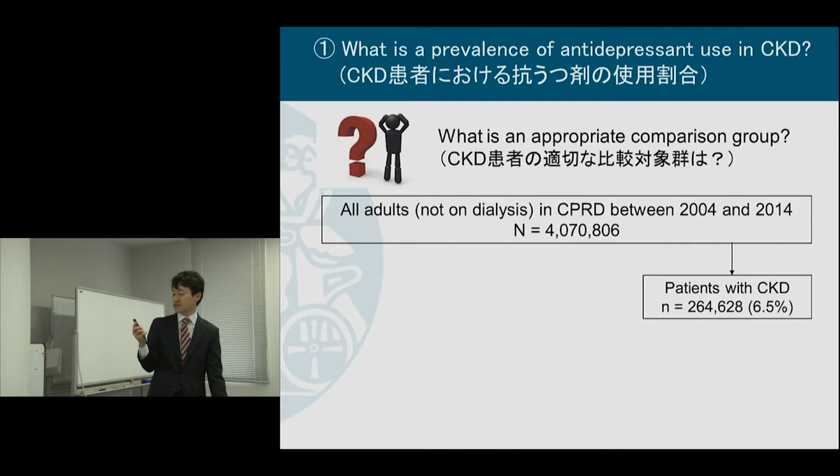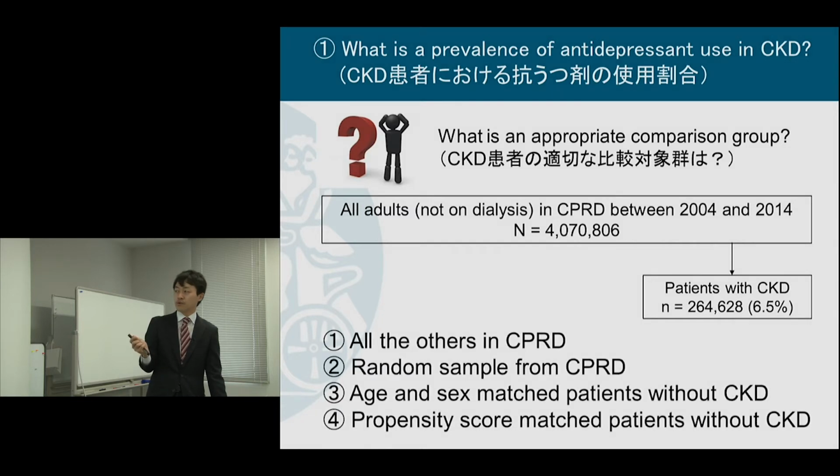So what I did was I had 4 options. One, all the others in CPRD. The second option was a random sample from CPRD. The third option was age and sex matched patients. And number 4 was propensity score matched patients. First, I felt like choosing number 1 or number 2.